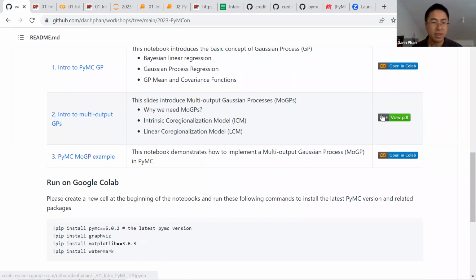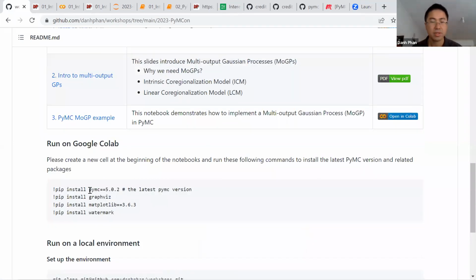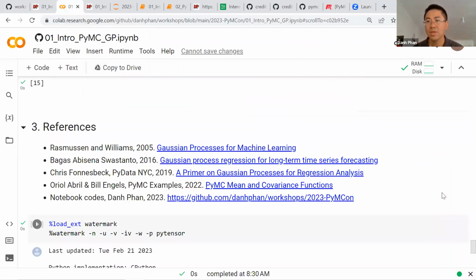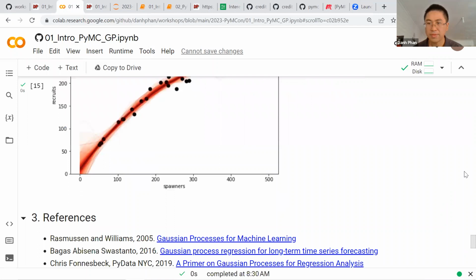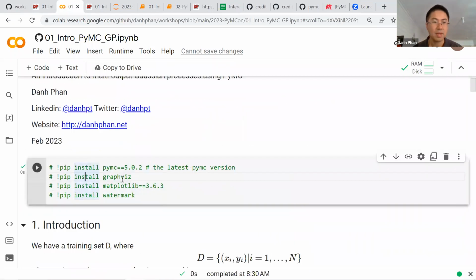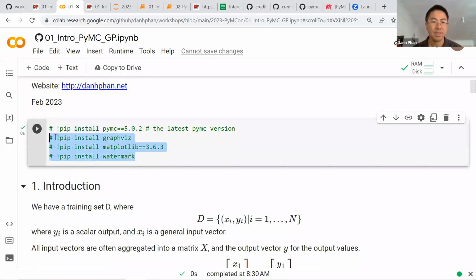One note here is if you want to run the PyMC version, please copy this line of code here and put it at the beginning of the cell. I just did it a couple of minutes ago. I copied the code at the top here and then ran it. You might need to restart the runtime as well.